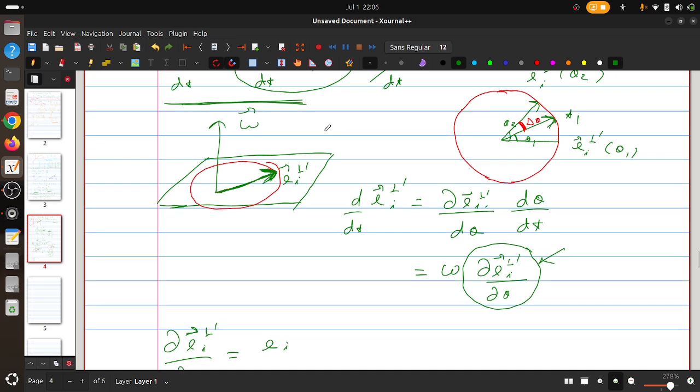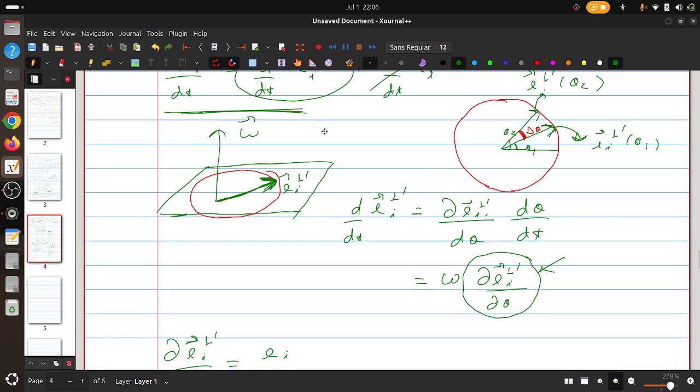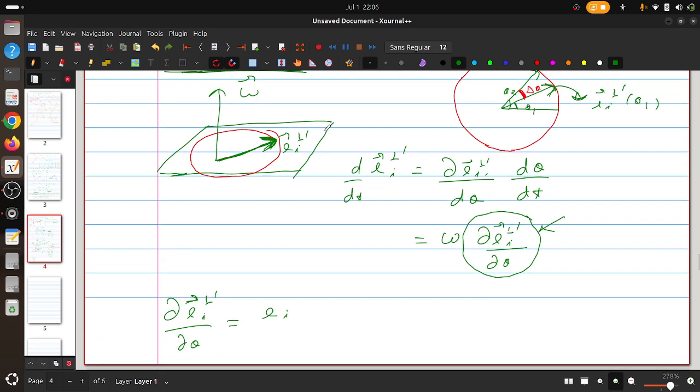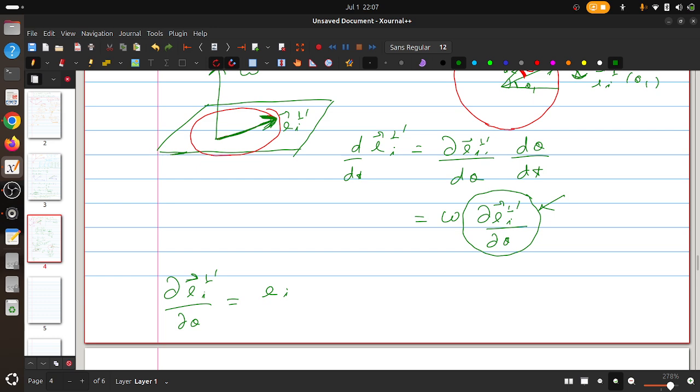You can do it as a function of time, whatever you want, it is changing with time eventually, but I prefer this, I think it is a little bit misleading. So this vector here is basically EI perpendicular prime at theta 1. And this vector here is at theta 2, right? And the difference theta 2 minus theta 1 is delta theta. I hope it is clear now.